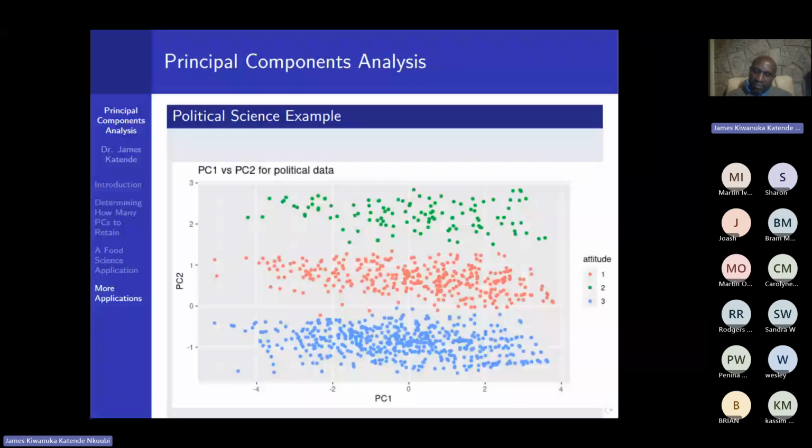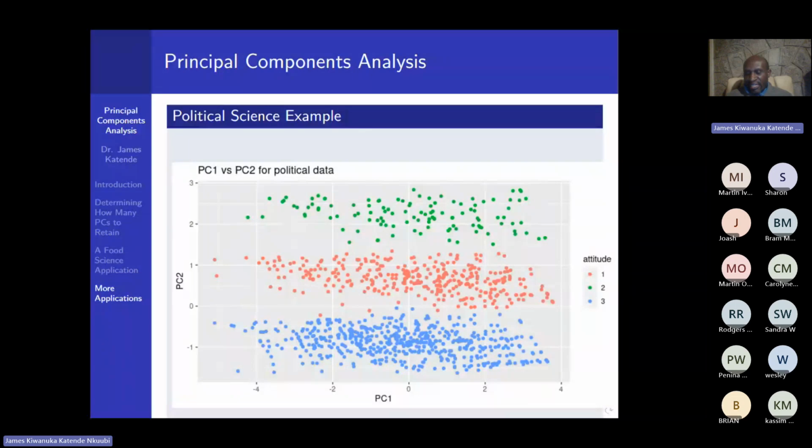So there are 2 other applications that I looked at in this presentation, but we will see them when we work with the data. So the 2 other applications are this. This one is for political science. It seemed to pick up 3 clusters based on some survey that was done to get some people's attitudes towards political stuff, the judiciary, whatnot, and so on.